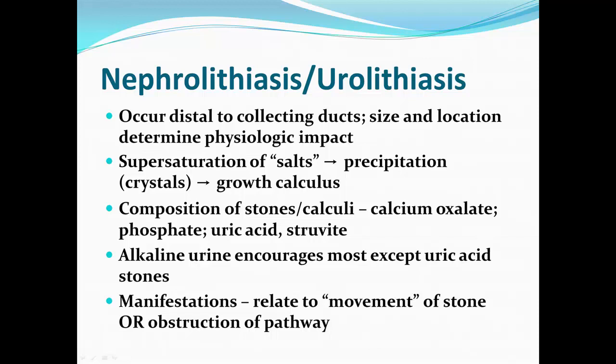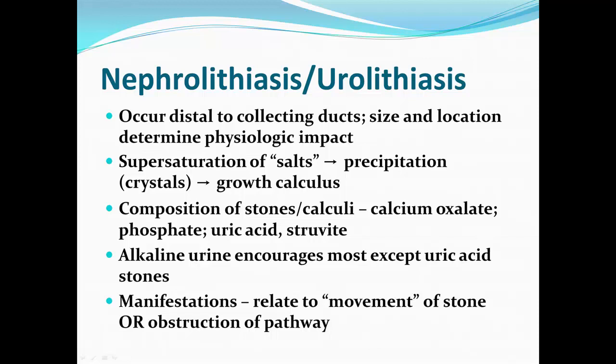Now, what's interesting is if you live in the southeast, and certainly Texas, we are actually in the stone belt, because our soil, as well as our water, tends to be fairly high in calcium and phosphates. The other important piece in the pathology of these supersaturated salts is that individuals that tend to develop these stones don't have inhibitors to the development of those stones.